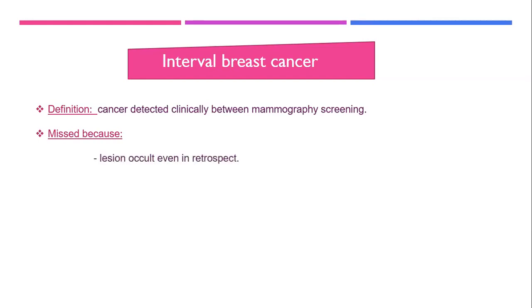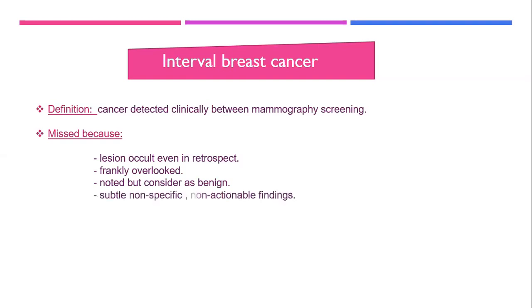And the causes for missing, as we described before: the lesion might be occult even in retrospect. We might say retrospectively the lesion still could not be appreciated, for the reasons or factors we described before. Or the lesion might be frankly overlooked, as in this case, or noted but considered as benign. Actually, it was not overlooked, it was detected but considered benign. Subtle, non-specific, or non-actionable findings.